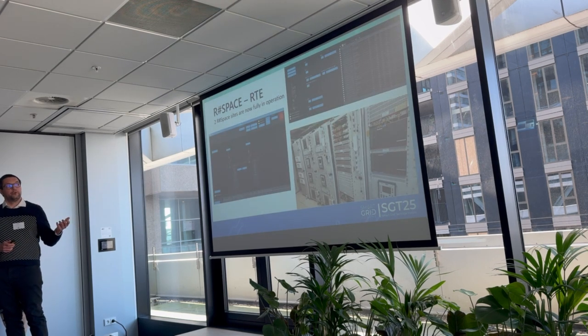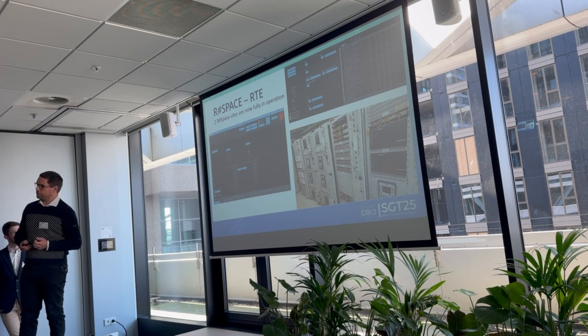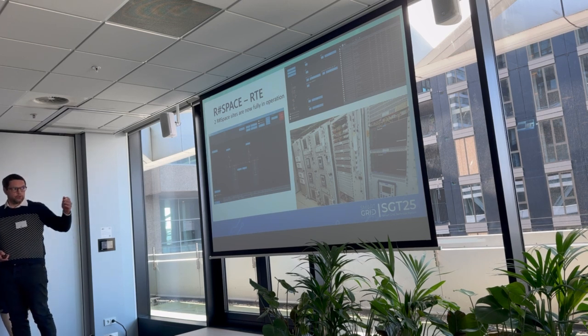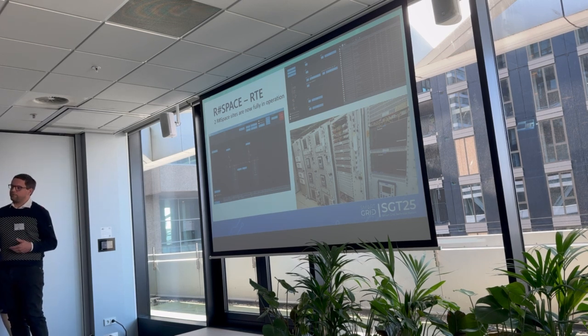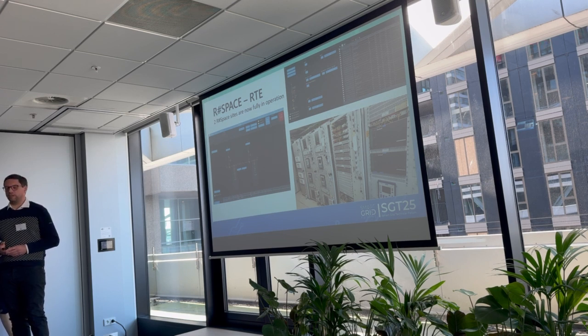And this is real. We already have 2 sites in production. You have an example here. On the right, you can see the hardware because we virtualize things, but of course, there is still some hardware. The hypervisors are hardware. And you have some images there of our local SCADA we have on site. So two sites are now fully in operation. The feedback we have from the maintenance, for instance, is pretty good, in fact.